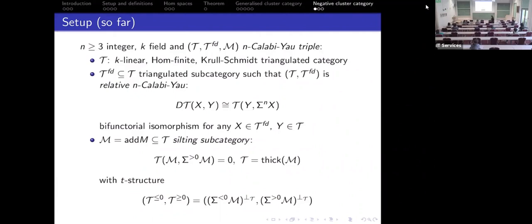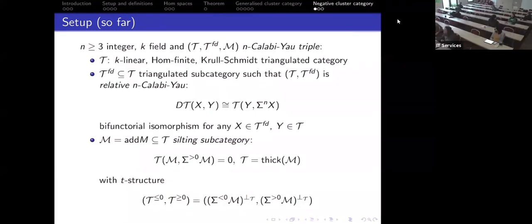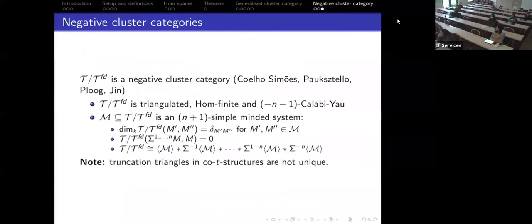Thank you. Are there any other questions in the room? Oh, chat. Okay, go ahead, Raquel. Comments on my question. So one classical example of negative Calabi-Yau comes from stable module categories of symmetric algebras and minus-1 Calabi-Yau.